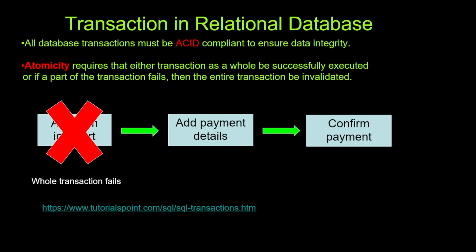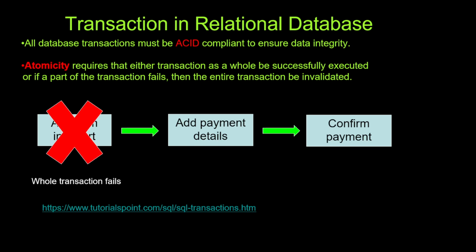Right now your cart is empty, so you will not be able to add payment details, and you can't confirm your payment. So the whole transaction will fail because your cart is empty. This is atomicity. Either everything must be correct and work, or if one of it is off, the whole transaction will fail.